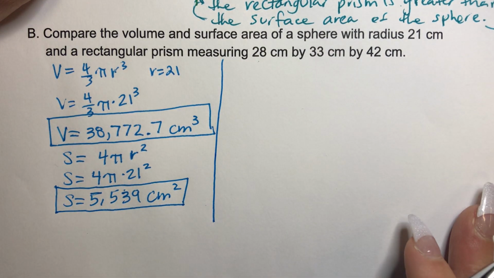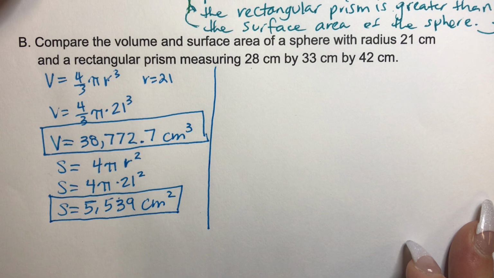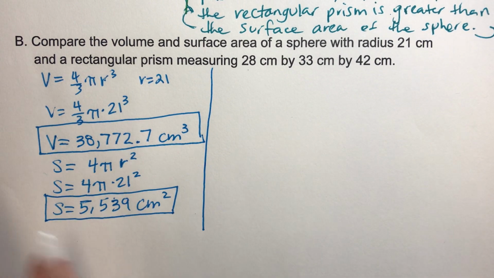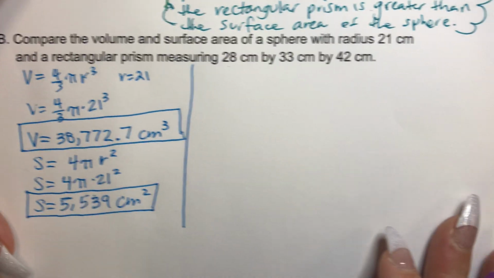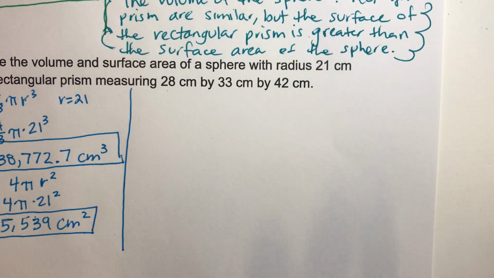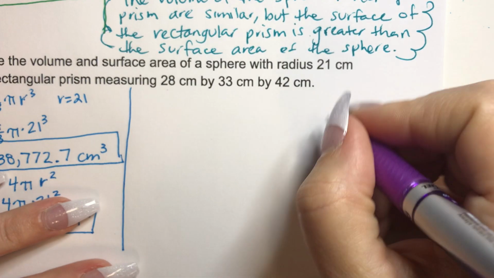Okay, let's go ahead and find the volume and surface area of the rectangular prism. So I'm going to create a rectangular prism over here.